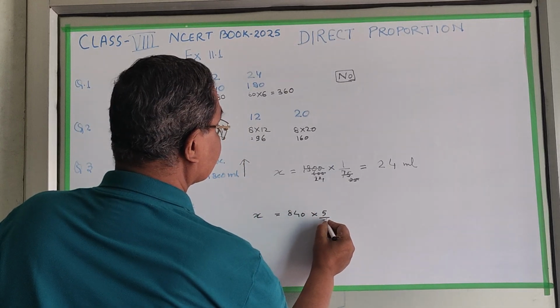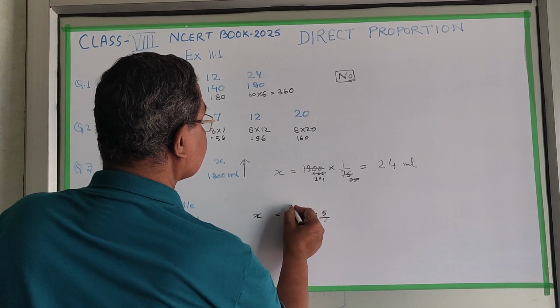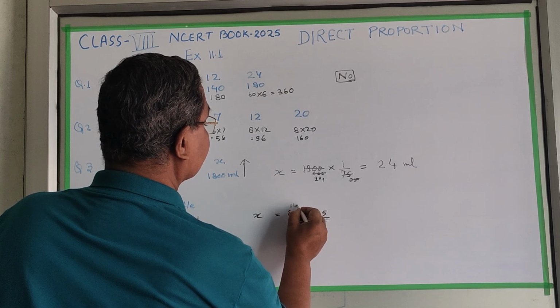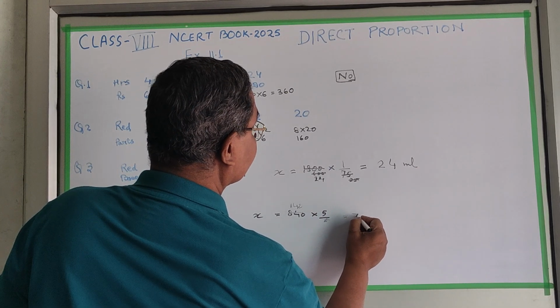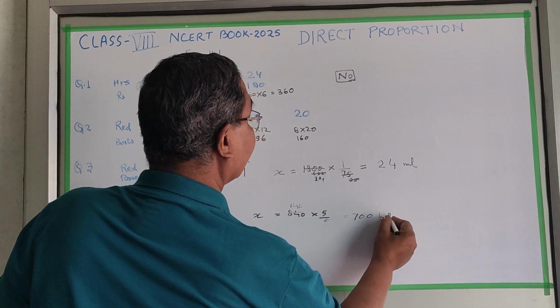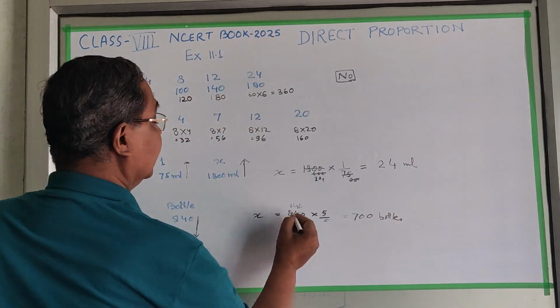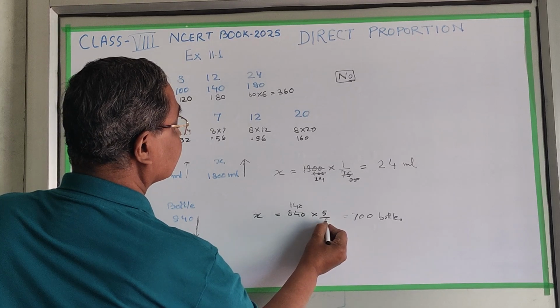So 140 into 5, it should be 700 bottles. So this should be your answer.